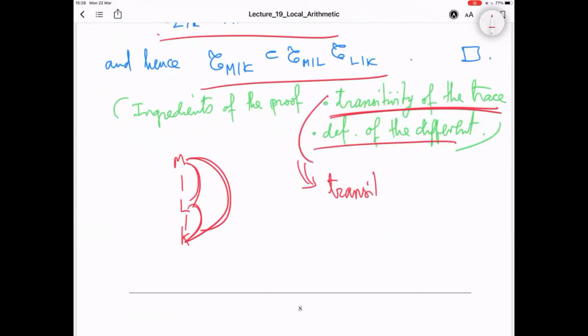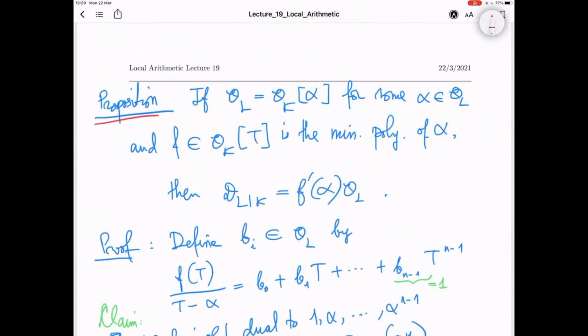Now here is an important proposition, and the beauty of this proposition is that even if you don't remember how the trace is defined, you can take this as how the different is defined. You can take it as another definition of the different. So here is what it says.